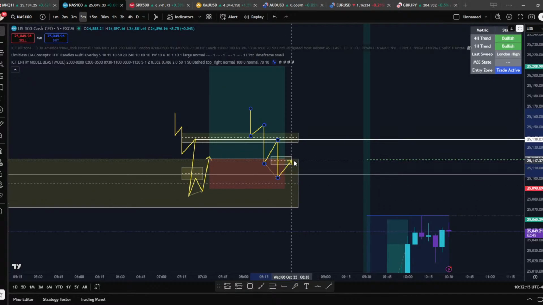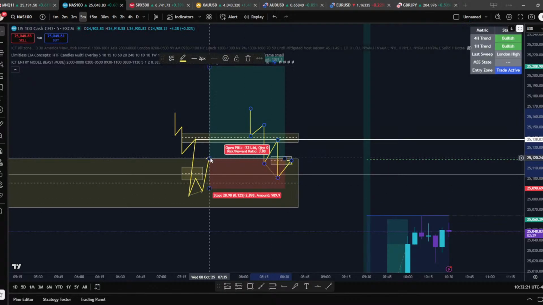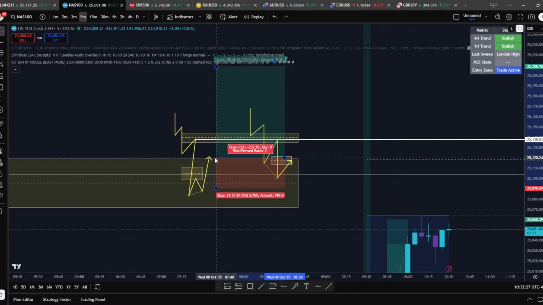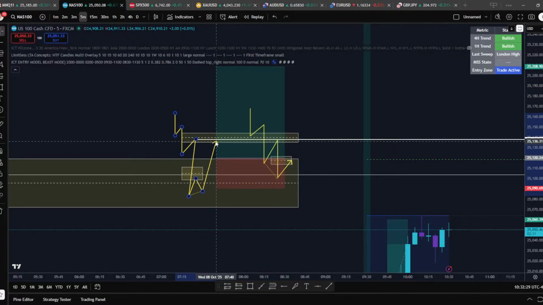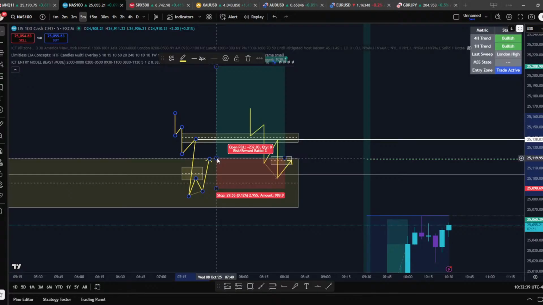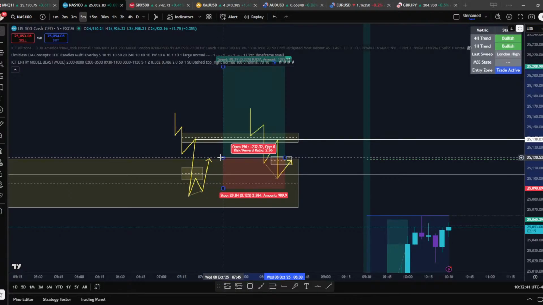And once ES respects and starts moving down, NASDAQ, because it's a correlating pair, will go, okay, I'm going to either sweep liquidity, right? So I'm either going to come up here, sweep, and then start moving down. Right, so that is a very important thing to know as well when it comes to this.